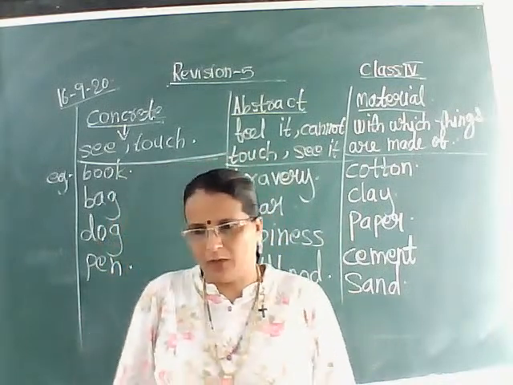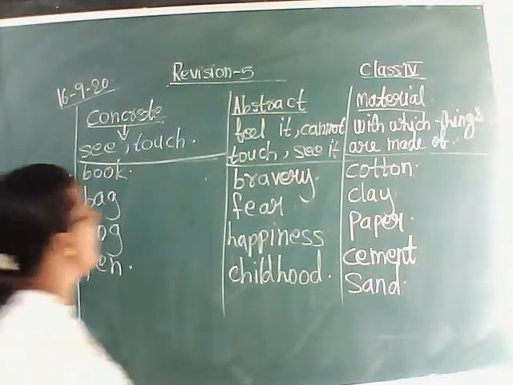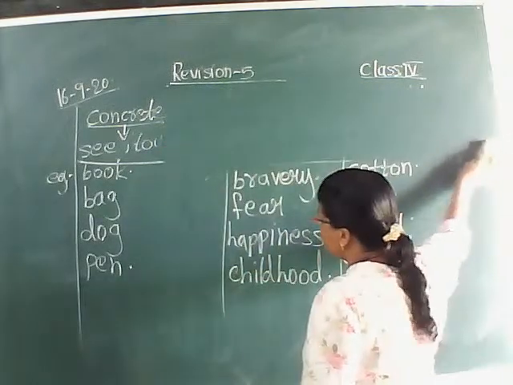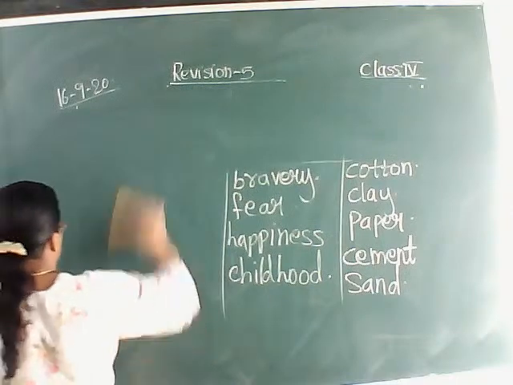Okay. Now, because we do have time, we will just quickly revise the next division of nouns. That is countable and uncountable nouns.